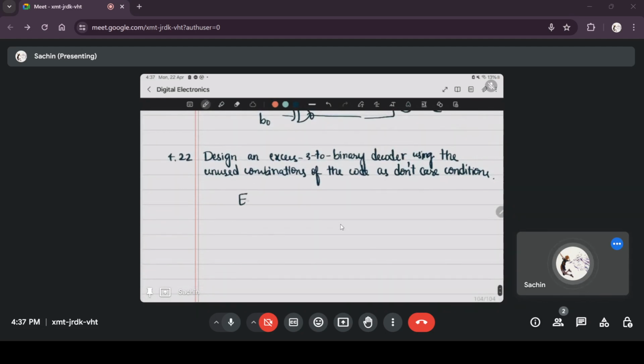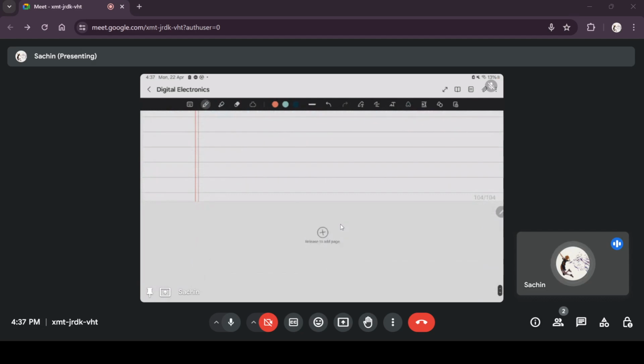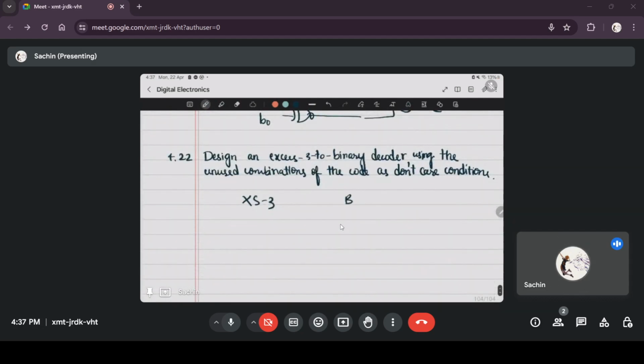And we write down the truth table. Can write this as XS3 for short. BCD, not BCD, it's binary.